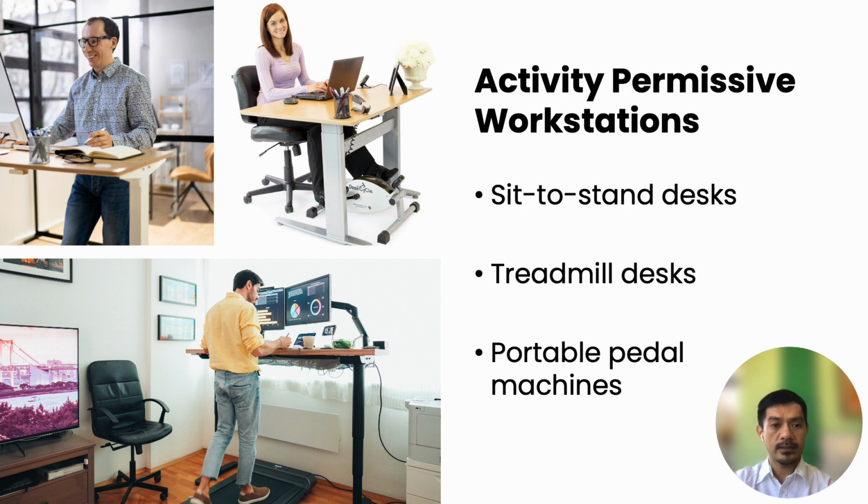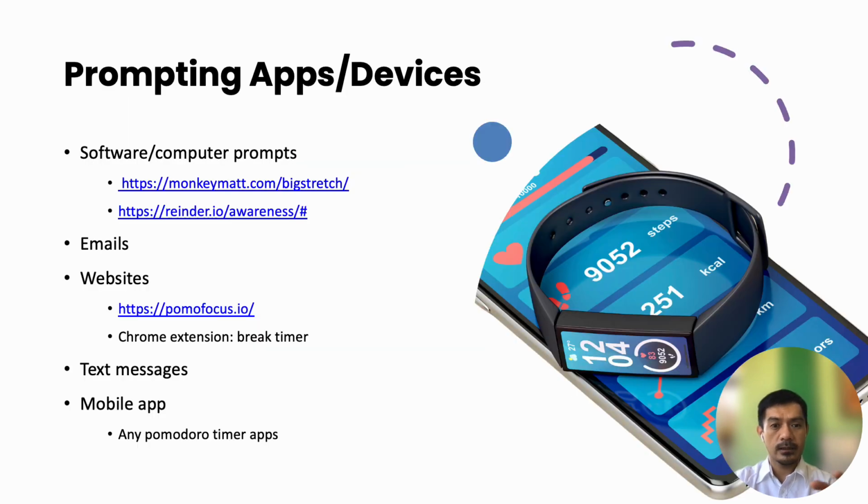So, prompting devices, what are these? Again, as I said, we can use computers. There are now apps that you can use. For example, I've just recently learned about this Big Stretch computer software that you can install in your Windows computer. If you have a Mac, you can have the Awareness app.